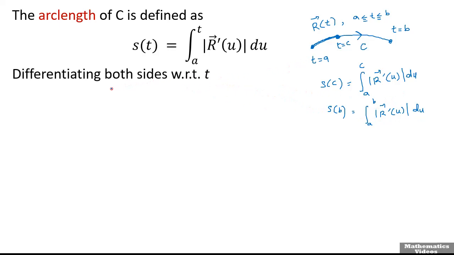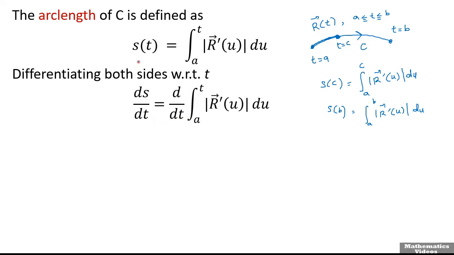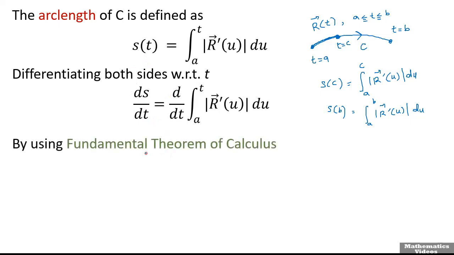Now we will move forward and we will differentiate both sides of the previous equation with respect to t. We have this, in which we have just taken the derivative with respect to t on both sides of the preceding equation. Now on the right hand side we will apply the fundamental theorem of calculus.